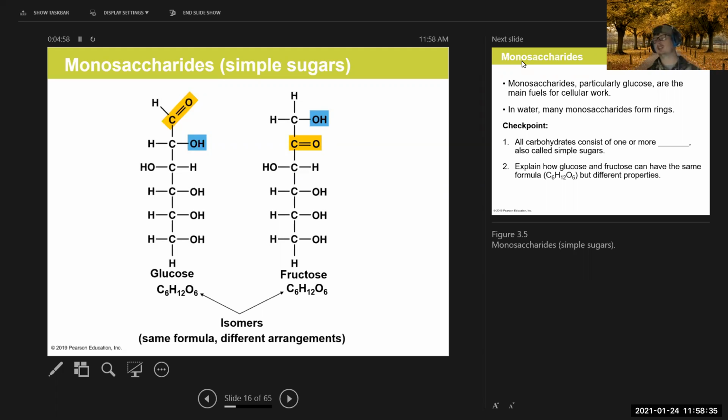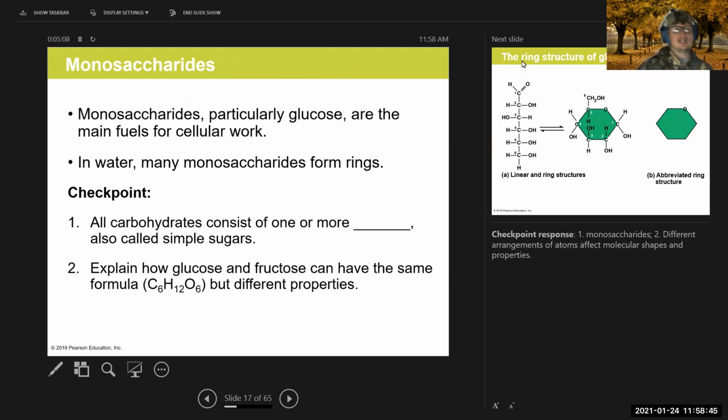That's basically what an isomer is: same formula, different structural arrangements of the atoms. And like I had mentioned, monosaccharides, especially glucose, are the main energy source of cellular work. I also mentioned in the overview section that a lot of the monosaccharides in our bodies will form ring structures in water.